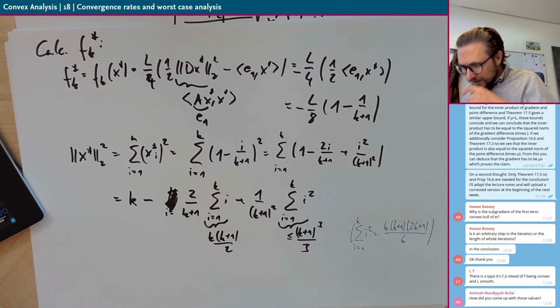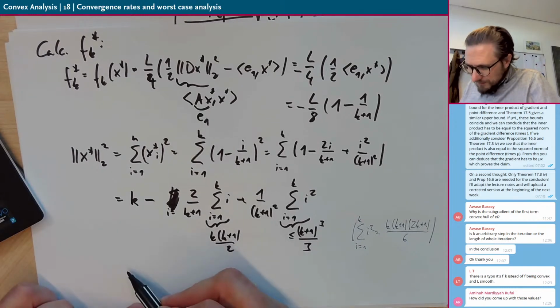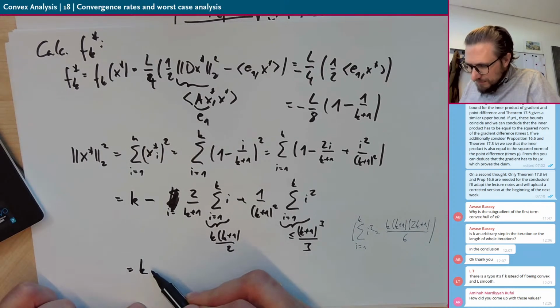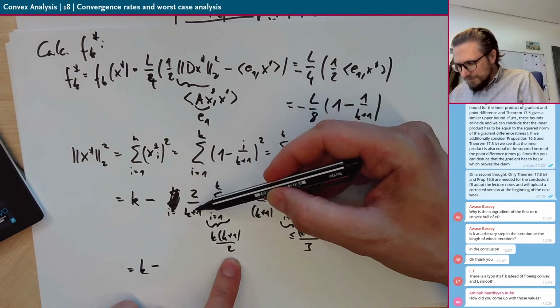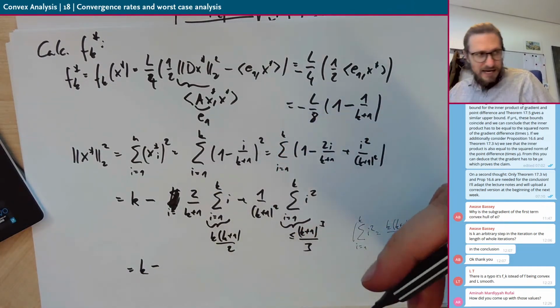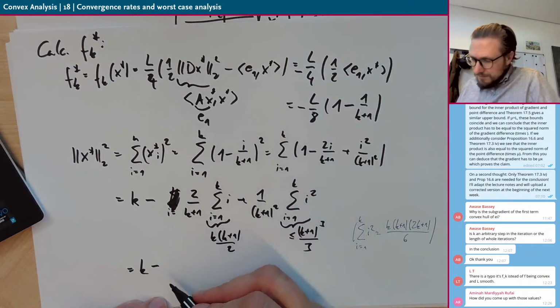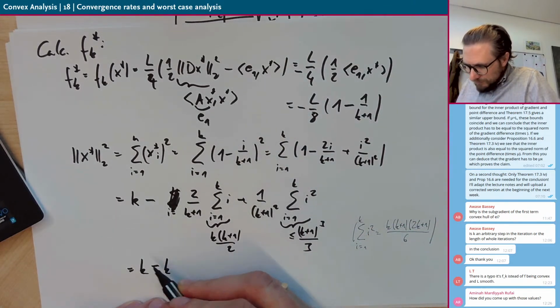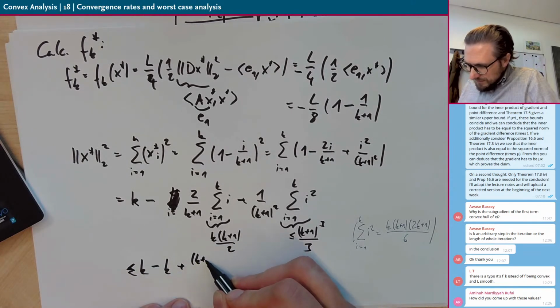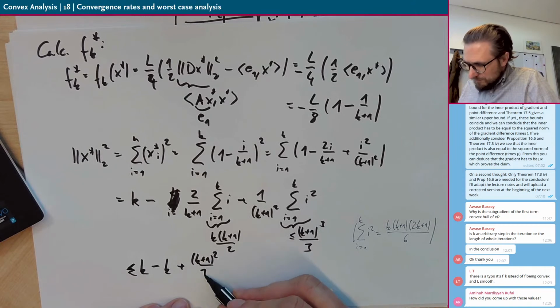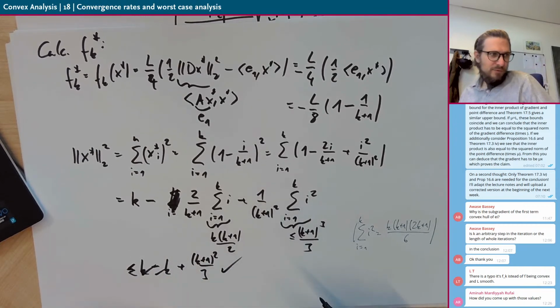So why is this enough? This gives us here k minus, and then this 2 cancels with this 2, the k plus 1 with this, it's just minus k, plus (k plus 1) cubed over 3. That's what we wanted to show.